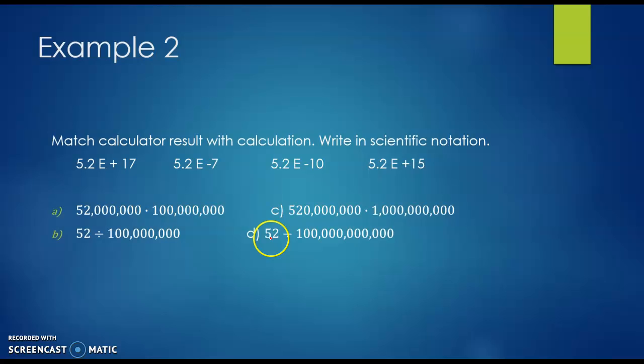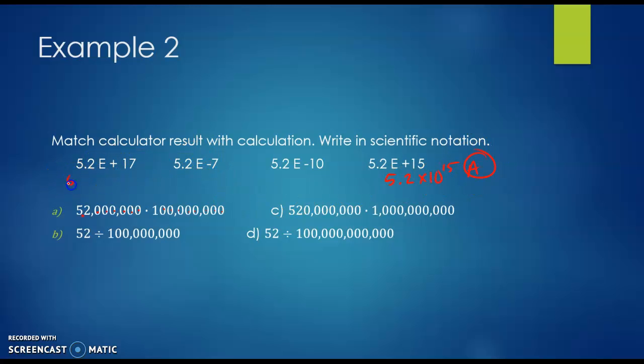If it's division, it's going to be a negative. For the multiplication, I'm just going to count them. 1, 2, 3, 4, 5, 6, 7, 8, 9, 10, 11, 12, 13, 14, and then I'd have to go between the 5 and the 2, which makes 15. So this 5.2 E plus 15 would be 5.2 times 10 to the 15th power, which is A.